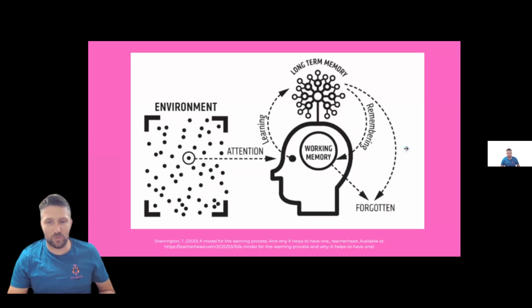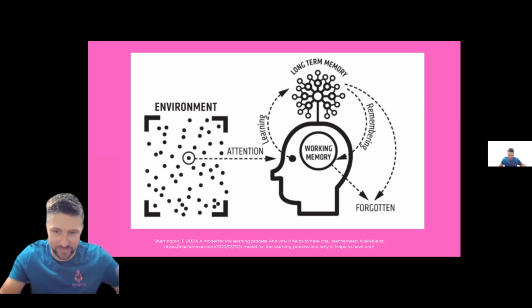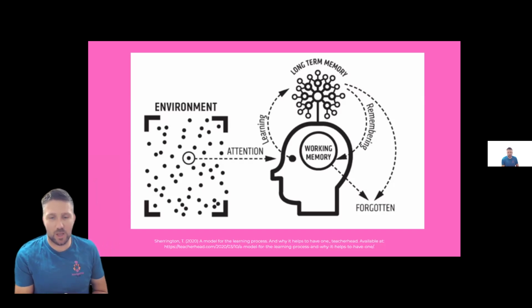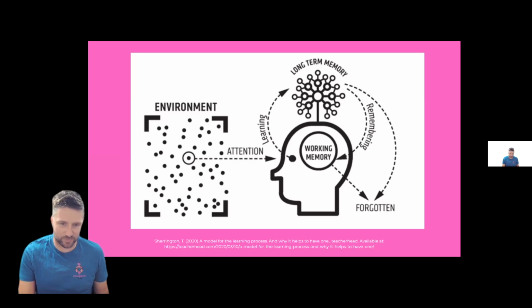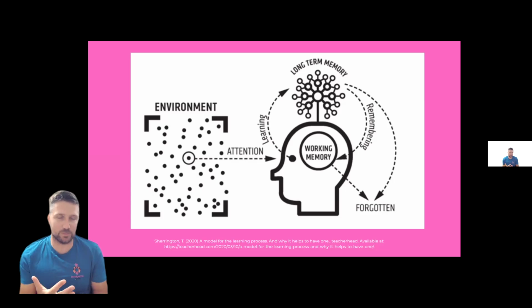Another example of why and how I do this is we've spoken about this image a lot from Tom Sherrington, a model for learning processes, which you can find at the link below. We've talked a lot about this model, so I'm not going to go into it again. It's in the previous webinars, but I will show this to my students.